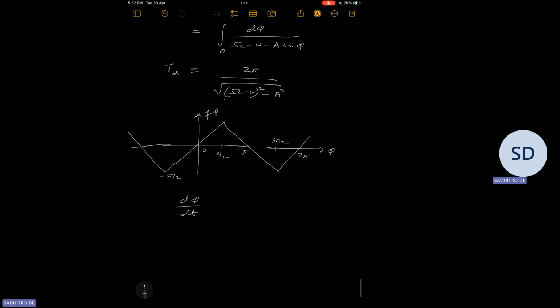that for values of mu which lie between 0 and pi by 2, there are again two fixed points like this, where this is the origin.